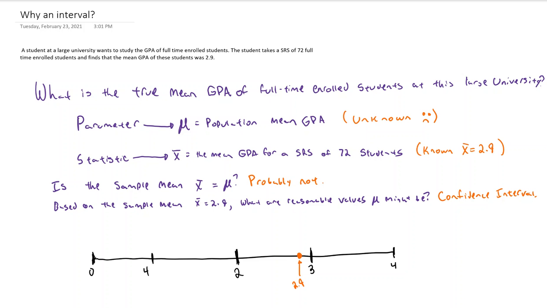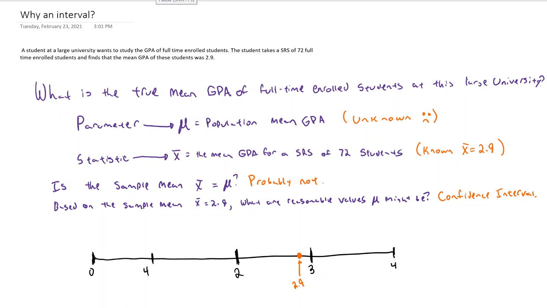And depending on how confident you want to be that the interval you're going to construct around your point estimate will capture what this population parameter we're interested in is, you will widen or narrow your interval. So maybe I want to be very, very confident that my interval is going to capture the parameter of interest.